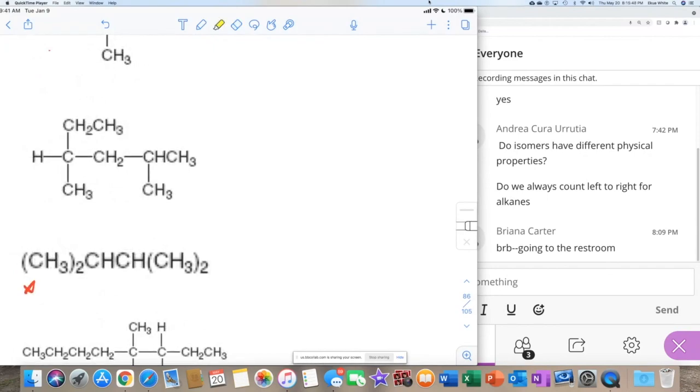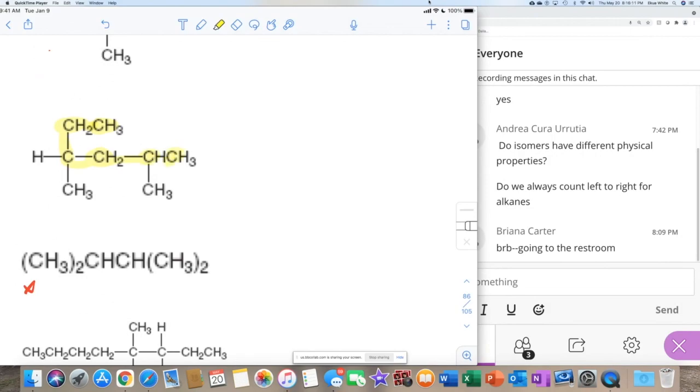If I count from the left, this is one carbon, 2, 3. It doesn't look right. What if I count from the top? 1, 2, 3, 4, 5, 6.